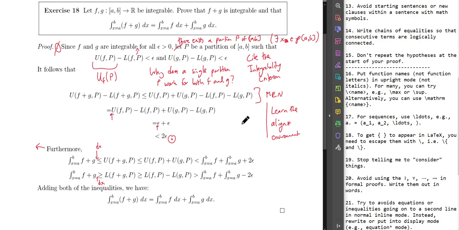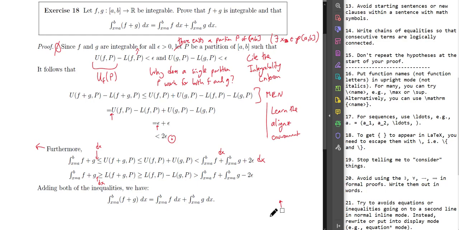Yeah, same thing. All the dx's are missing over here as well. Okay. Yeah, adding both of the inequalities. Good, the dx's are back. Okay, so that should be okay at the end. This thing wants to go up. See the second problem here for the command for doing that.